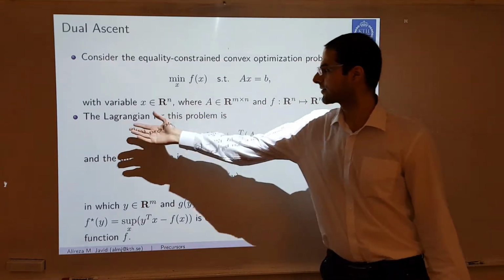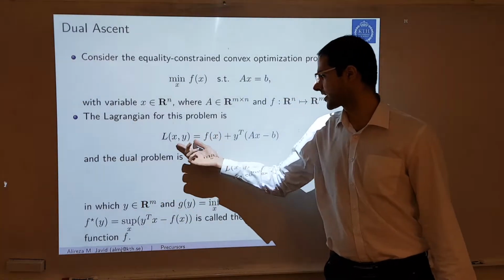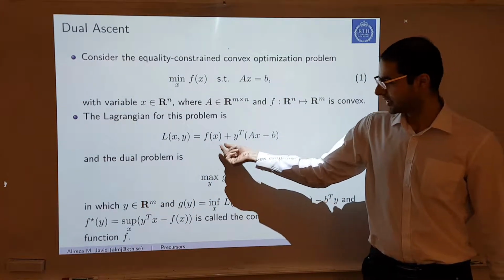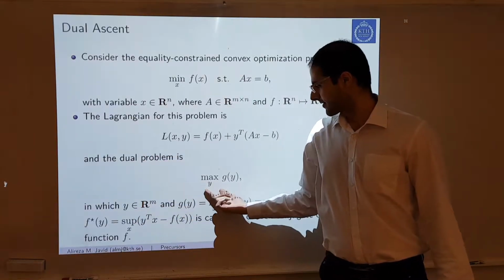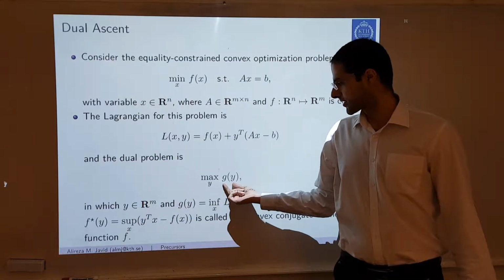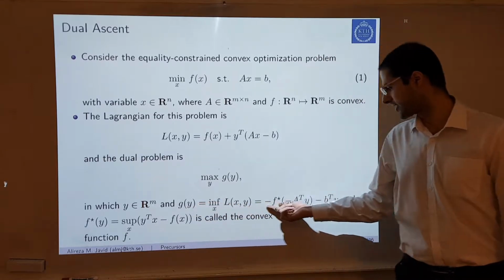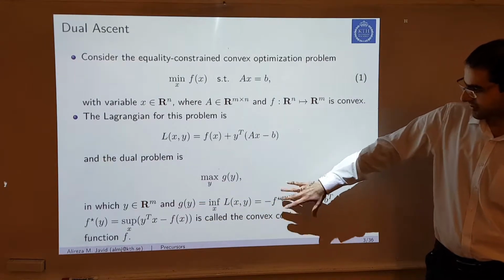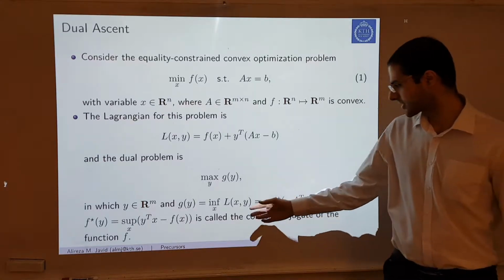Well, we all know that the Lagrangian for this problem we can write in this form. Y is the dual variable. And the dual problem is defined by maximizing some function g, which is defined this way. We won't use the definition of g, but I just put it here for the sake of completeness.